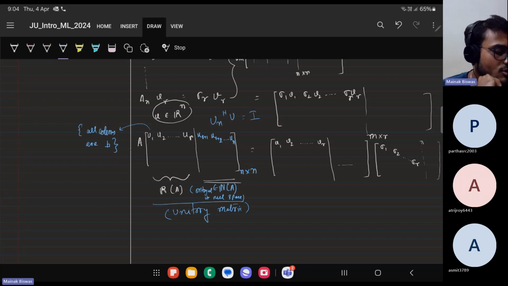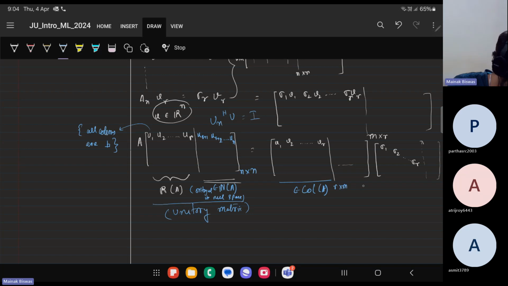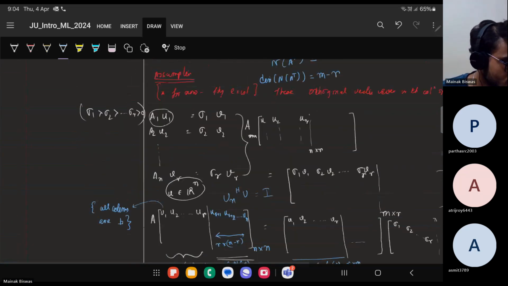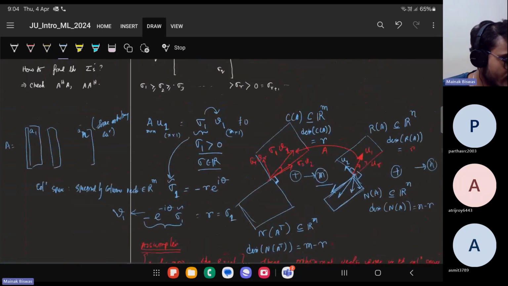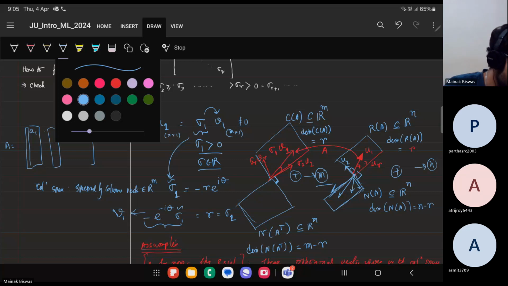Good. So now, similarly, V1 to VR belongs to the column space of A. Yes or no? So where should I bring the rest of the vectors from? This is an R cross N minus R matrix. So where should I bring the rest of the V's from? Null space of A transpose.